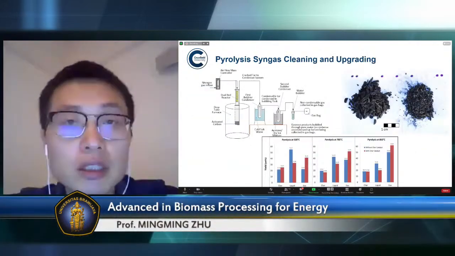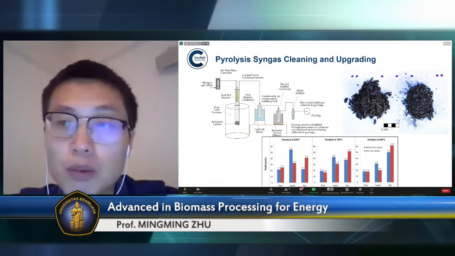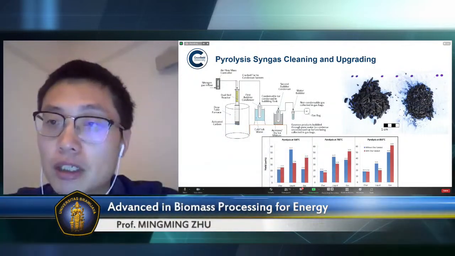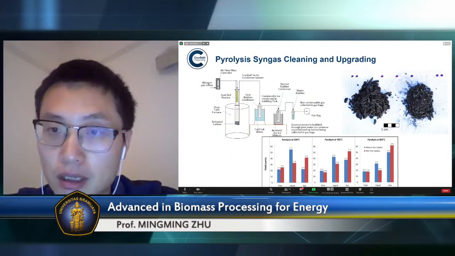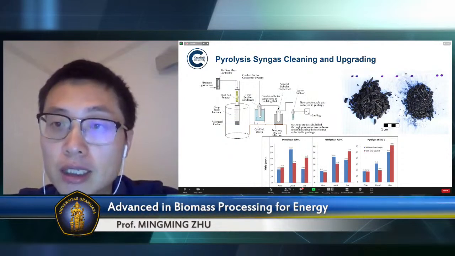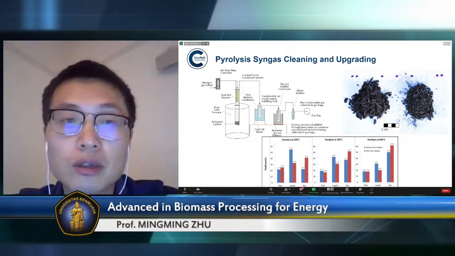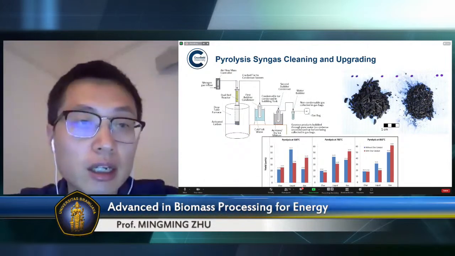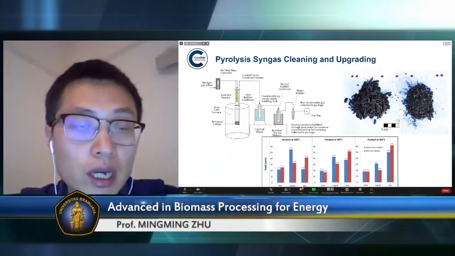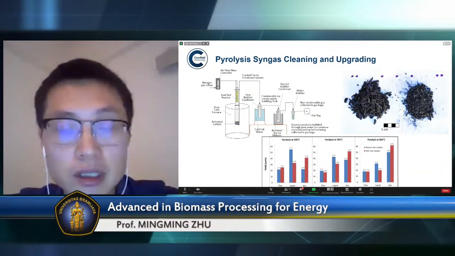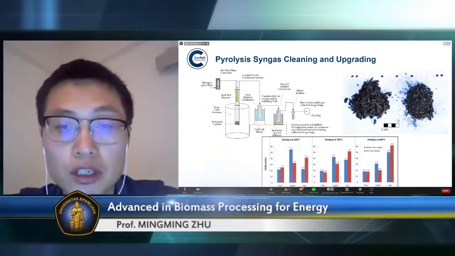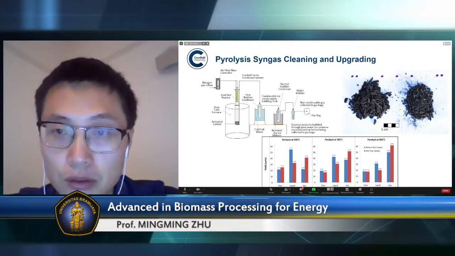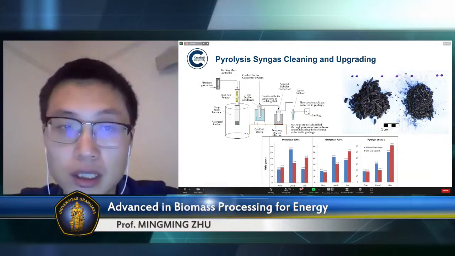And one of the concepts here is we try to use biochar, because biochar is an in situ product. We try to use biochar as a catalyst to further crack the pyrolysis oil and enhance the pyrolysis gas production, particularly chasing the hydrogen yield and concentration in the pyrolysis gas.